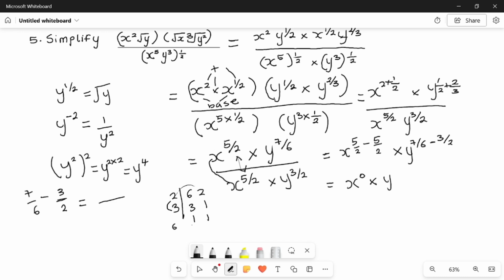So that's how we get our LCM. So if we write 6 here as our LCM, 6 divided by 6 will give us 1, and 1 times 7 will give us 7. Similarly, 6 divided by 2 will give us 3, and 3 times 3 will give us 9.